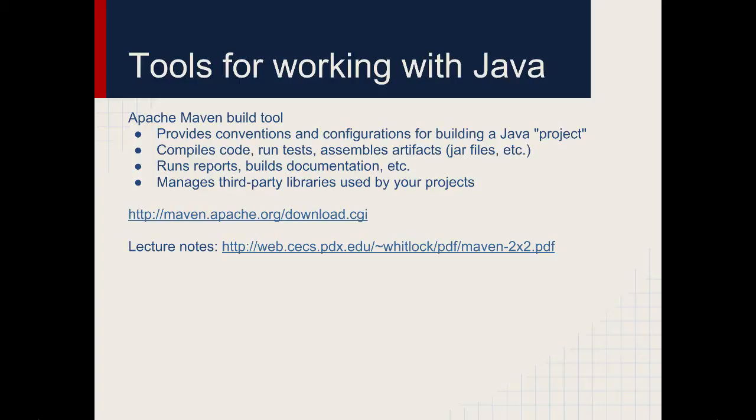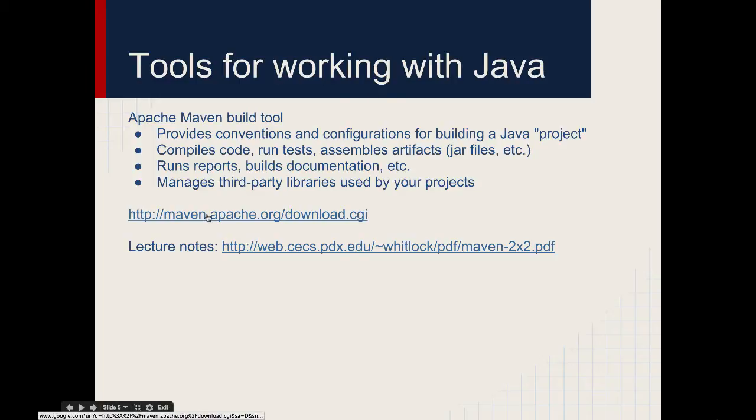For instance, libraries for a unit test framework, or libraries for working with web applications, or XML parsers, or really anything else. And Maven provides tools for downloading third-party libraries from central repositories, and really alleviates a lot of the pain and tedium of going out and finding third-party code and working with it.